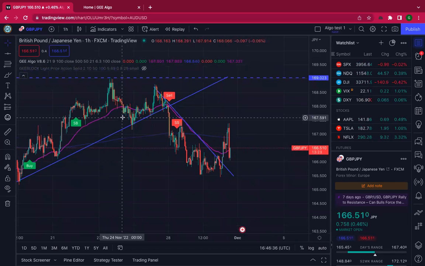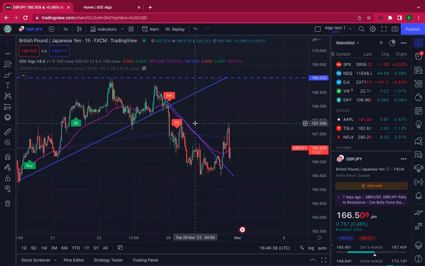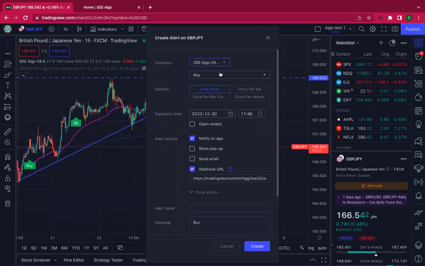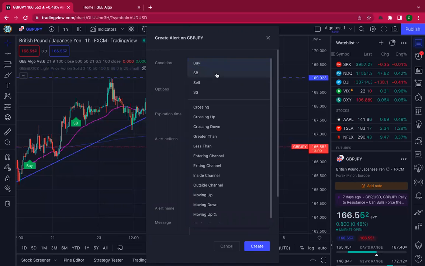Again, to add push notifications to your phone, if they're not getting pushed through the Discord, you're going to go up here, click alerts, condition, click the algo, and we have the buy, the SB meaning super buy, then we have the sell, and then we have the SS super sell.